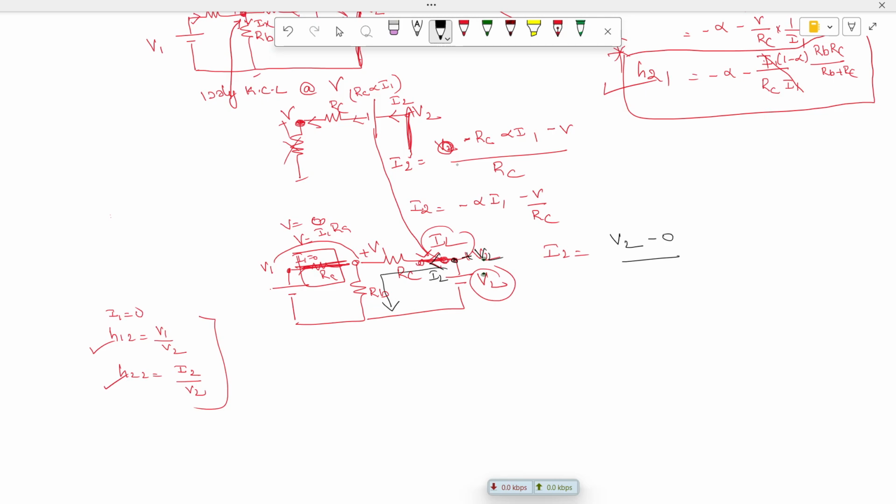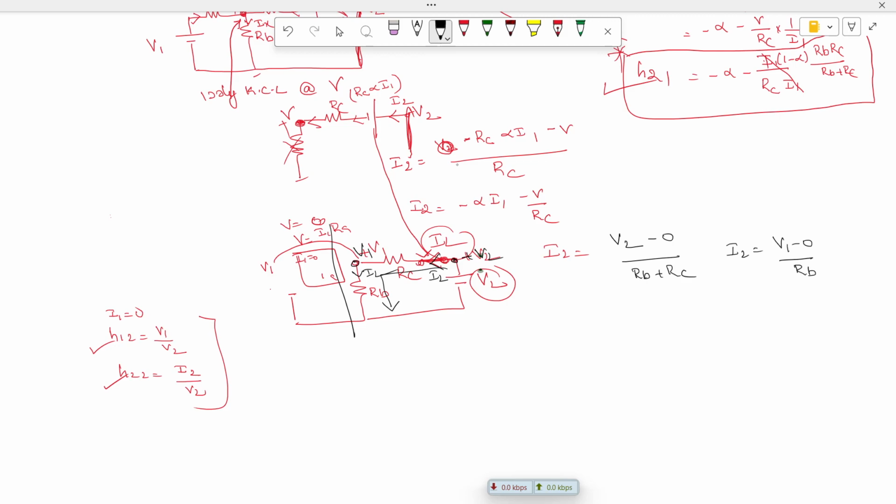The same I2 current also flows here, because this branch is not there. So here we only have V1, so I2 can also be written as V1 minus 0 divided by RB.